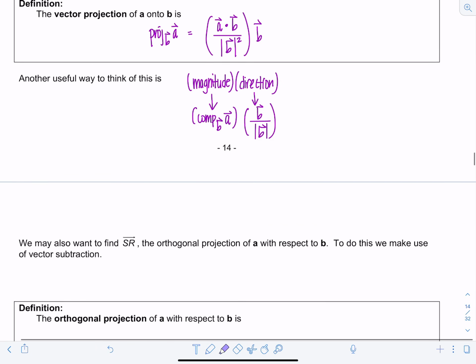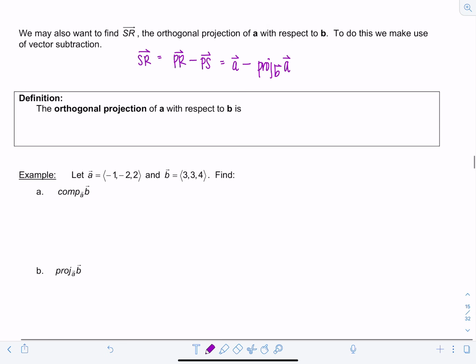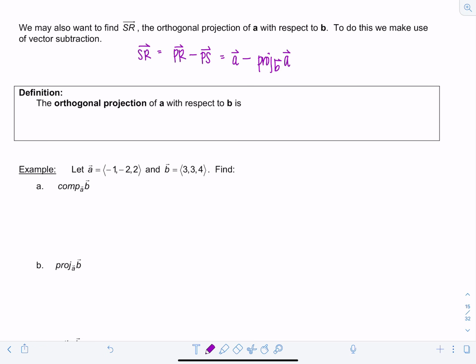So that gives us the following definition: vector SR, which is PR minus PS, is equal to vector A minus the projection of A along B. So the orthogonal projection of A with respect to B is A minus the vector projection of A along B.